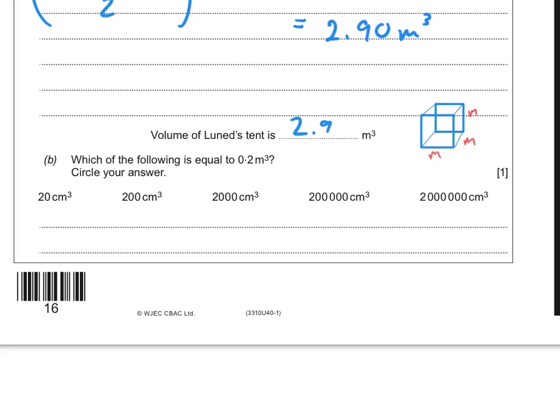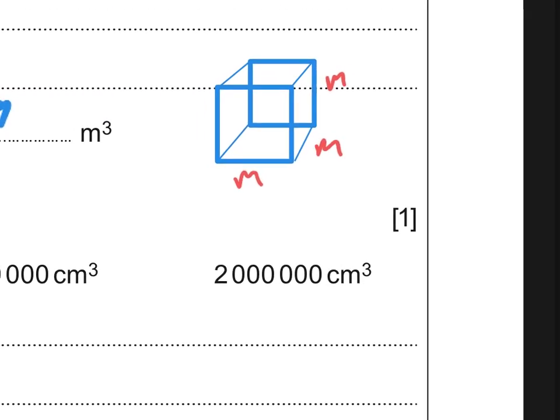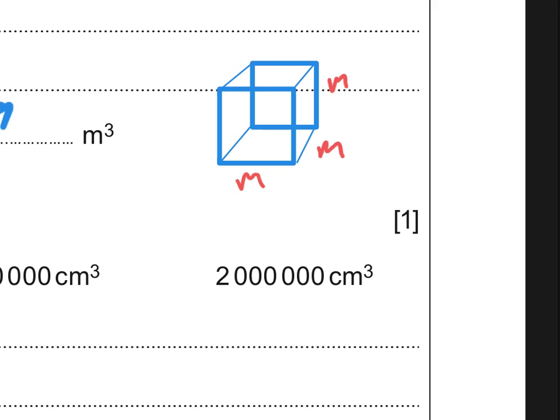For part B, which of the following is equal to 0.2 cubic meters? And we need to convert it to centimeters cubed. When dealing with conversions with volumes like this, the easiest way to think about it, I believe, is to think about a little cube. If we were to convert the length, the width and height from meters to centimeters, I would need to times this length by 100, this length by 100, and this length by 100.